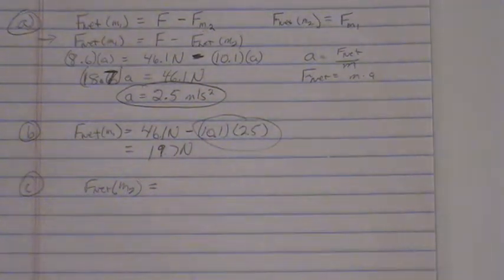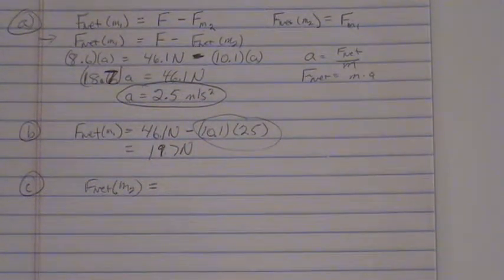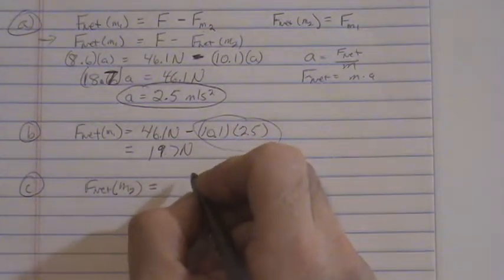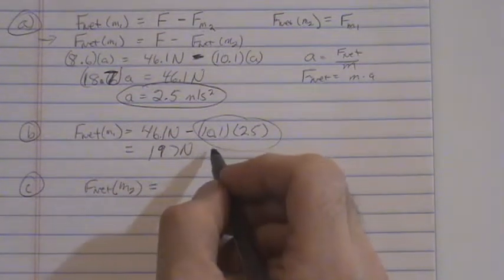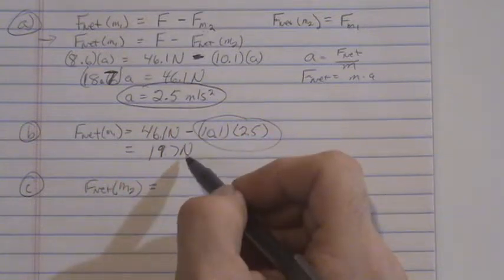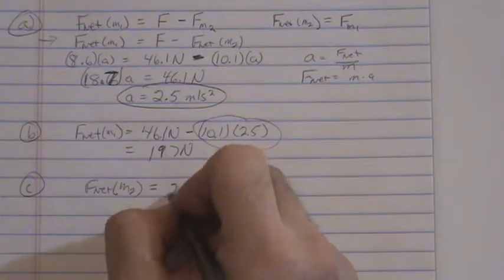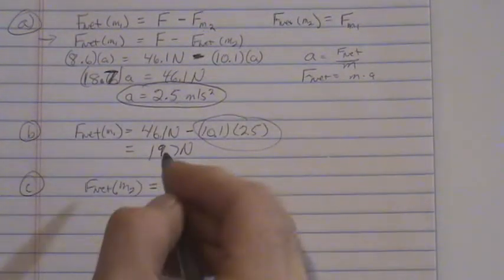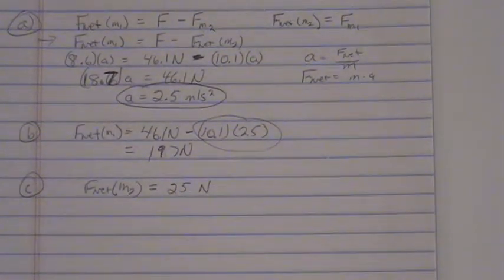So if we just multiply those two things, I have 25, because I went back and used the 2.47. This was 2.47 before I rounded it off. It's 25 newtons, give or take. So those are the net forces.